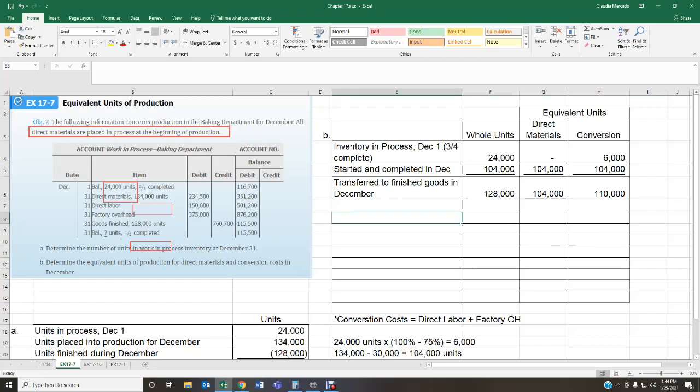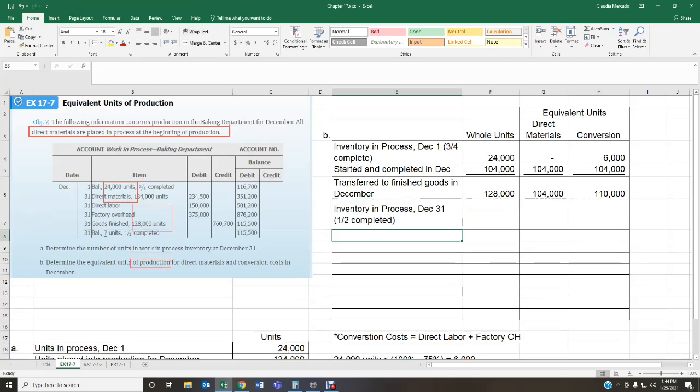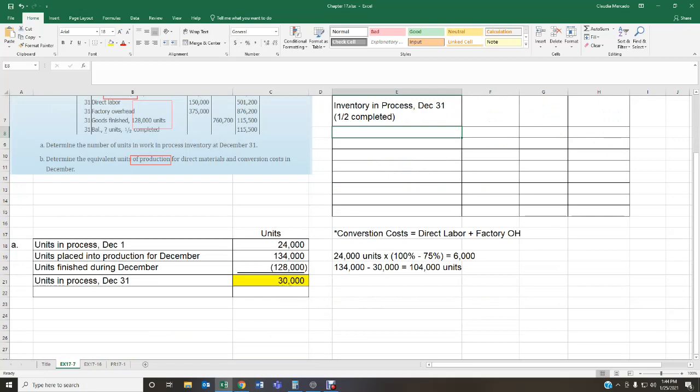So now I have my inventory in process on December the 31st. And these are half completed. So this is the inventory in process. These are your 30,000 units from down here that you did not get to finish.